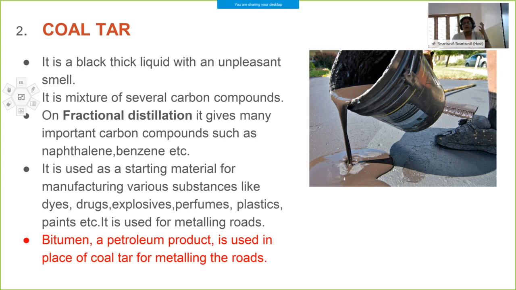These naphthalene balls are obtained from coal tar. Then benzene is another hydrocarbon, which is used in the preparation of many insecticides, pesticides, etc. Such hydrocarbons are obtained from coal tar on fractional distillation. So what is this fractional distillation? I'll be talking about fractional distillation in detail when we see the refining of petroleum.